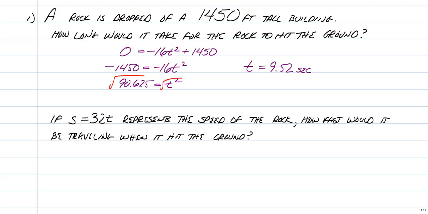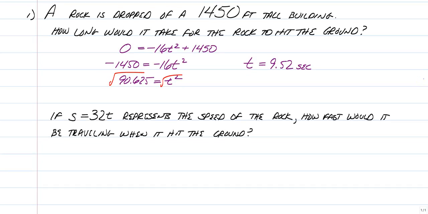Now, of course, that's in a perfect world where we're ignoring wind and friction, because, obviously, if this was a real life problem, we would have those things to take into consideration as well. So now we're going to take another equation, s is equal to 32t, which means the speed of an object is gaining 32 feet per second for each second that it travels.